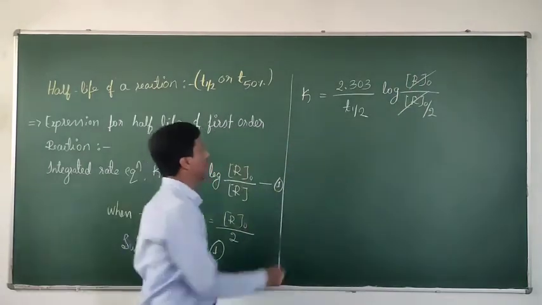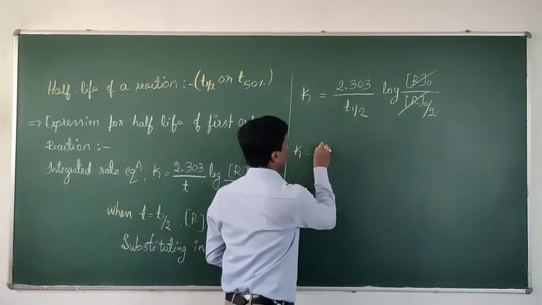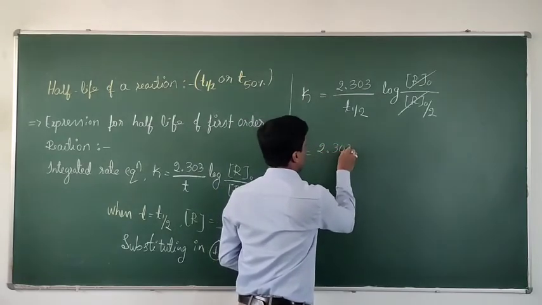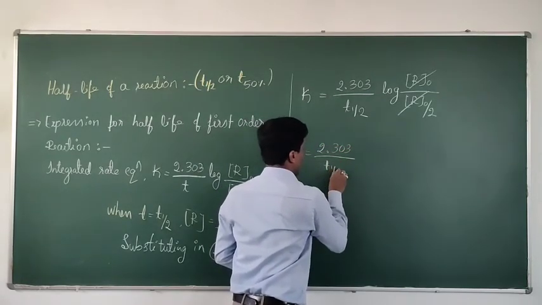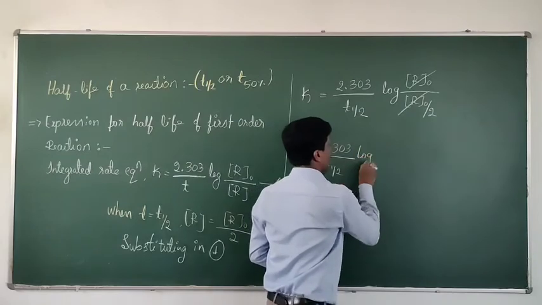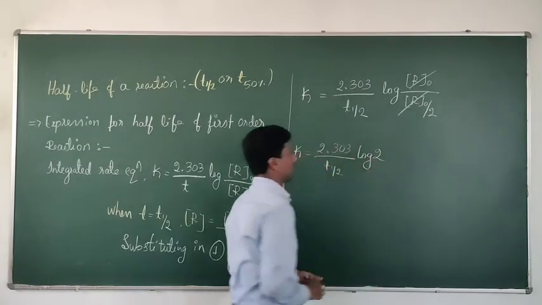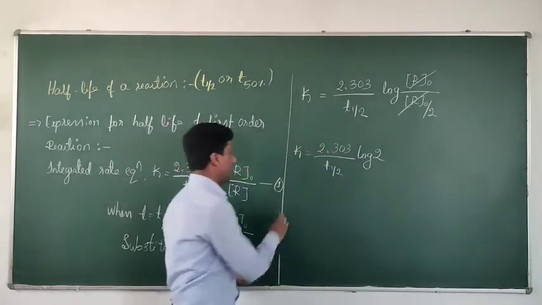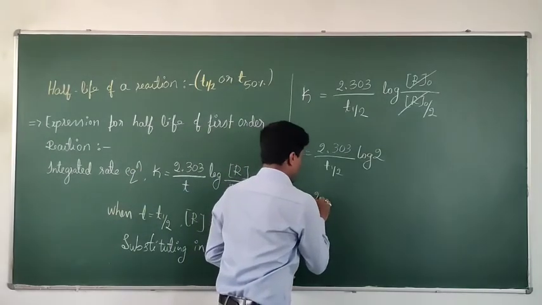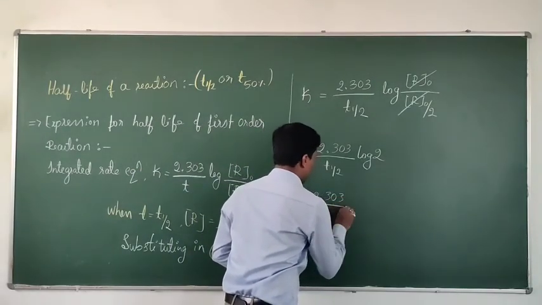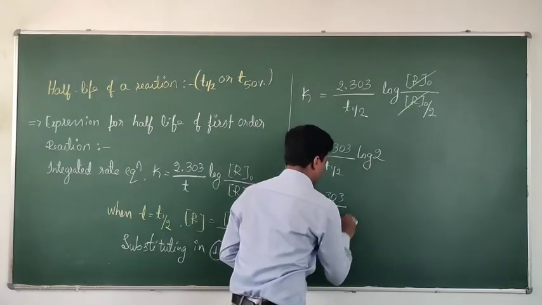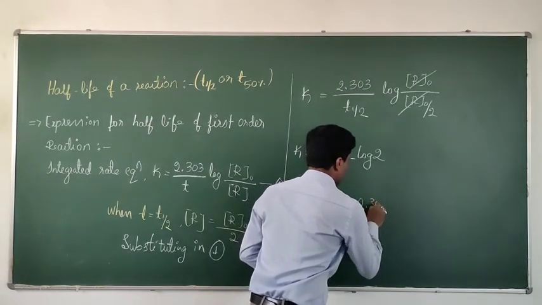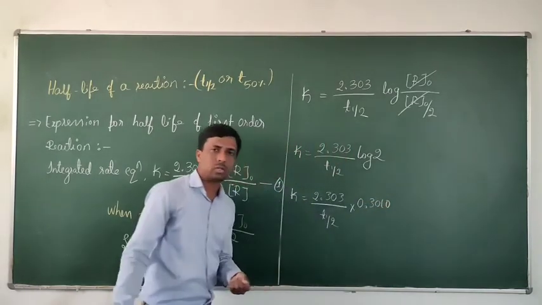So k is equal to 2.303 divided by t half into log of 2. Then k is equal to 2.303 divided by t half into 0.3010. What is 0.3010? The log 2 value.